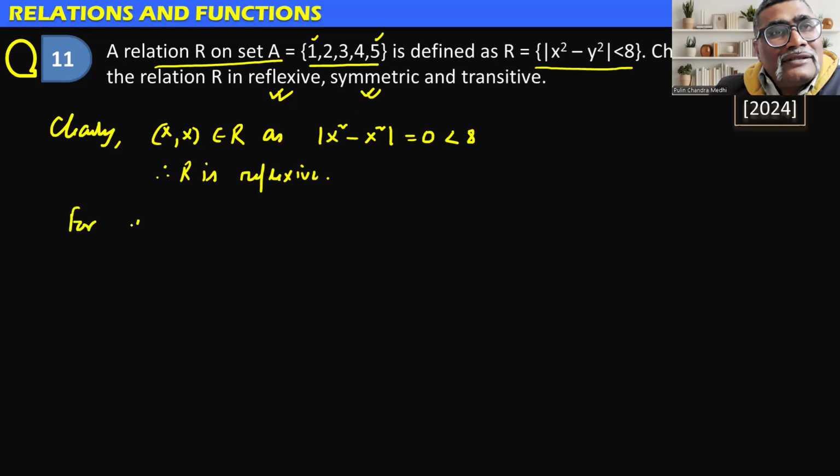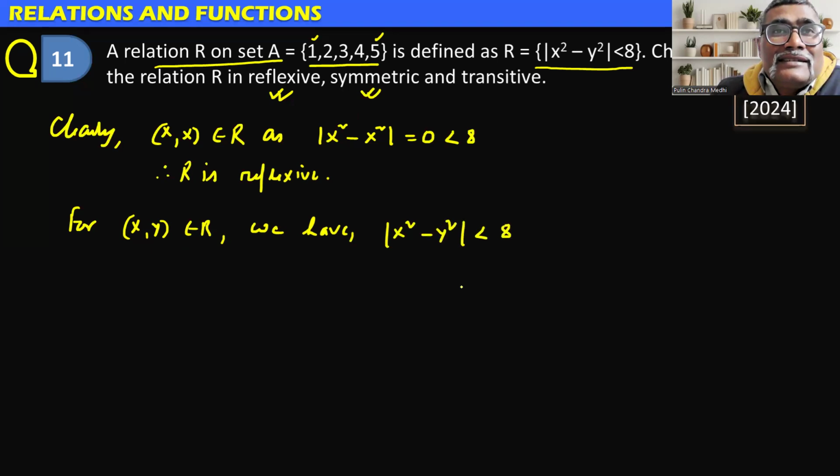For (x, y) belongs to R, because for symmetric we have to start with this only, we have modulus of x square minus y square is less than 8.